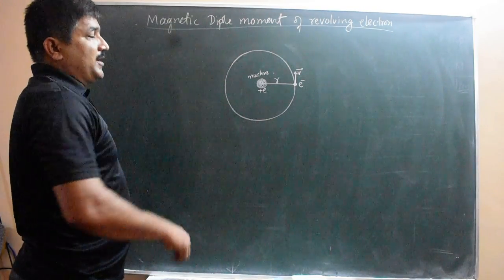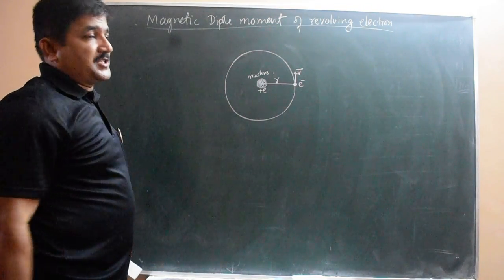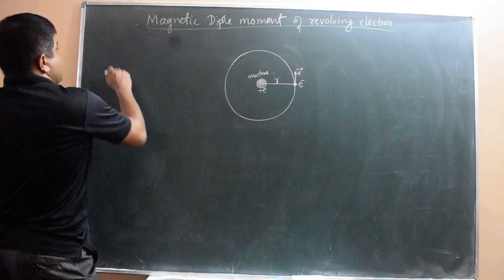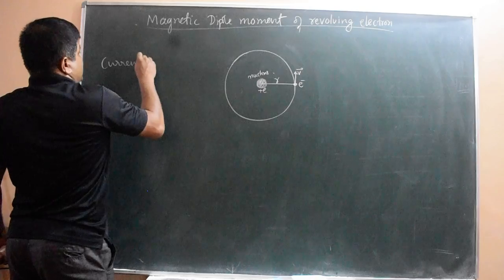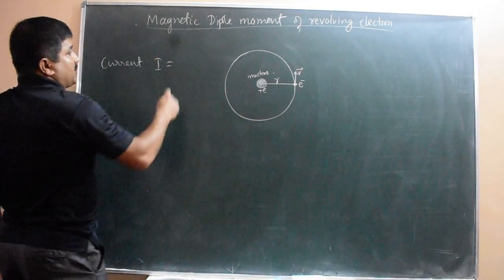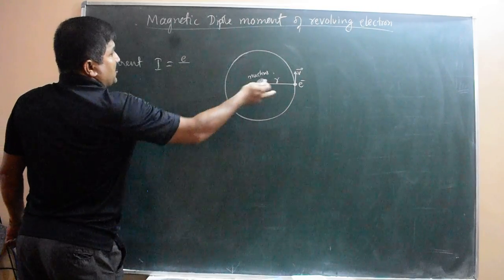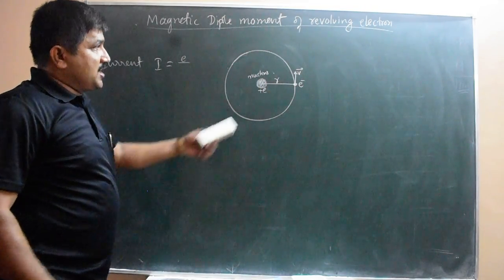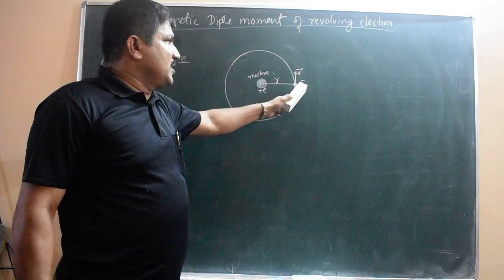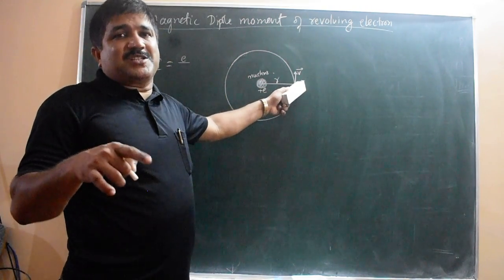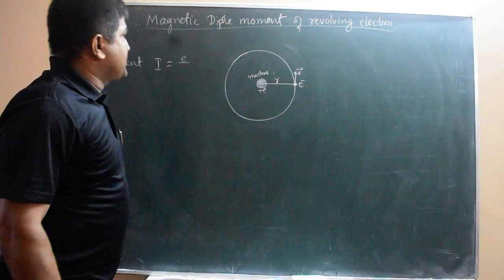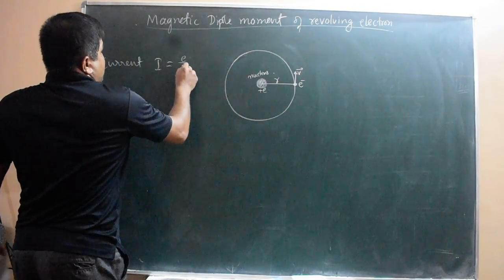The current due to electron motion around the nucleus we have to assume opposite. In 1 revolution, the charge moved is e, because the magnitude of electron charge is e. The actual electron charge is minus e, but the magnitude is e. So e by time period.